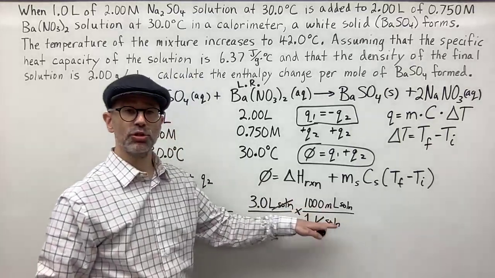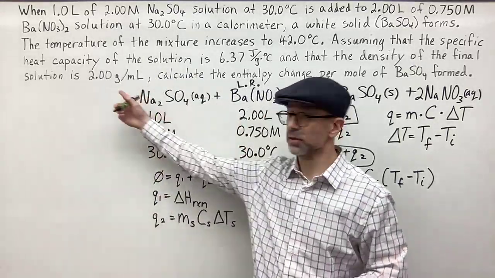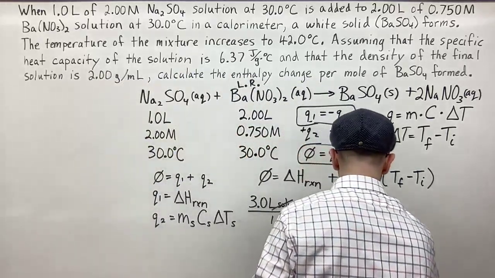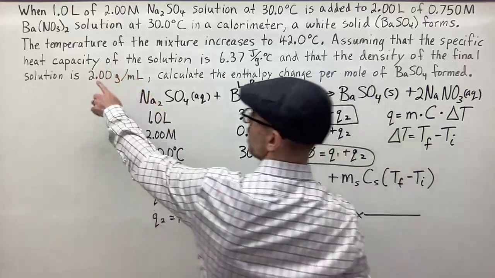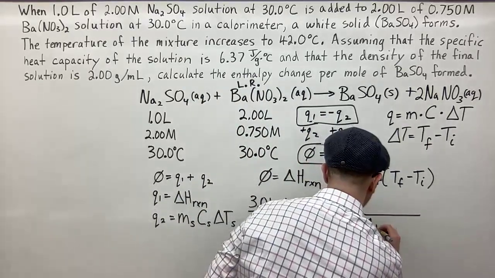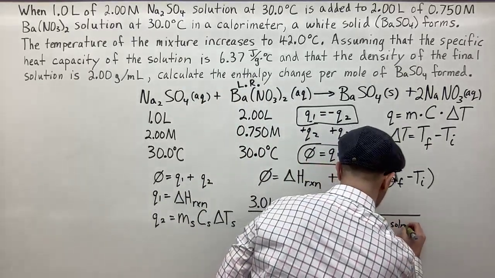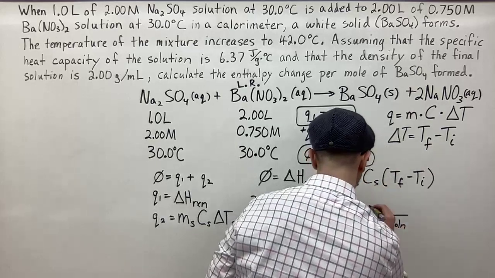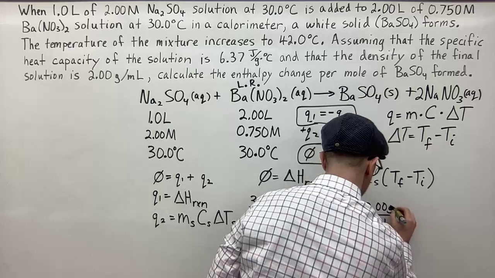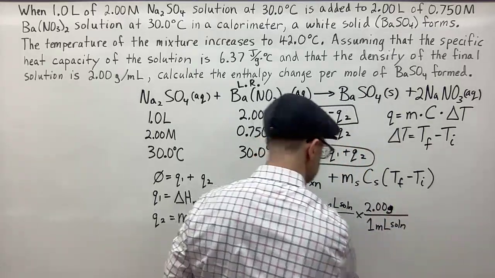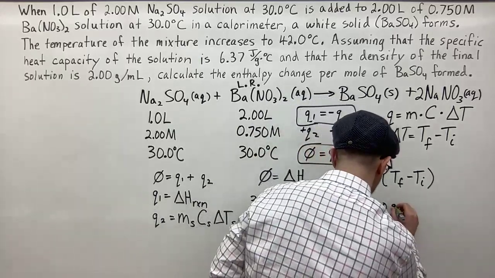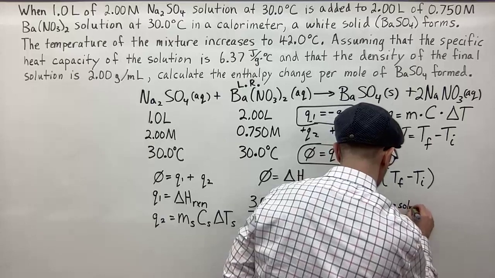Now that I have milliliters of solution, I can use the density here to convert to grams of solution. I know that's 2.00 grams per 1 milliliter. So I'm going to put 1 milliliter of solution on the bottom, and 2.00 grams of solution on top.